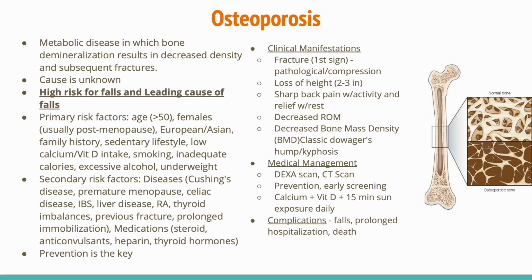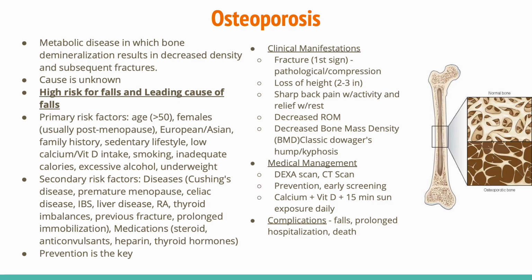That's often the first indication, with a vertebral compression fracture, hip fracture, or wrist fracture. Now, because falls are the leading cause of fractures in patients with osteoporosis, prevention becomes very important, and that's the main treatment technically.